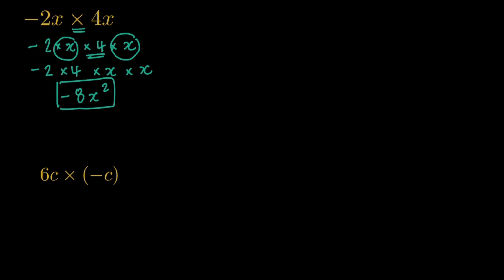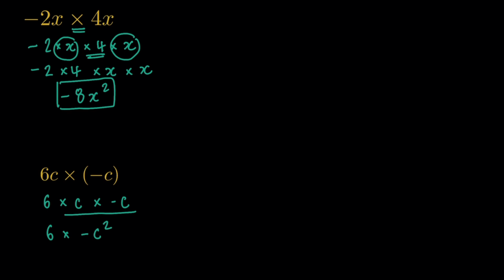Question number 2, we have 6c times negative c. So 6c is 6 times c, and we're timesing that by a negative c. So once again, if I were to rewrite this, it is 6 times c times negative c. 6 is by itself, and the second part of my expression, which is c times negative c, becomes negative c squared.